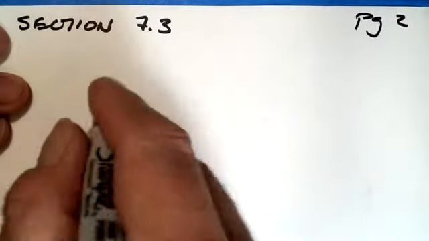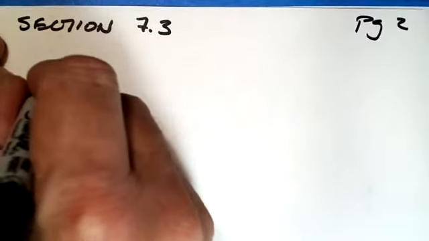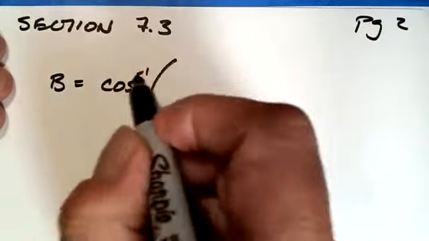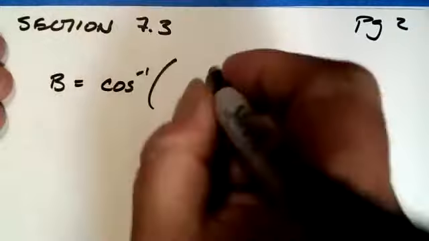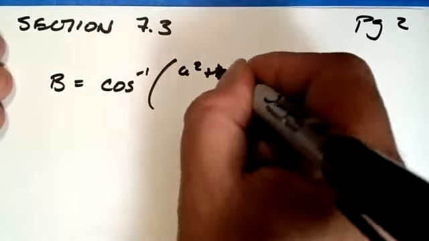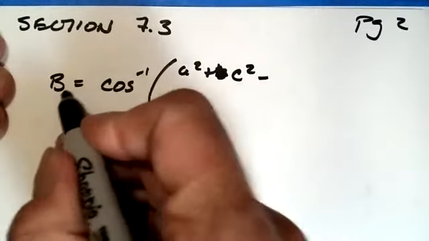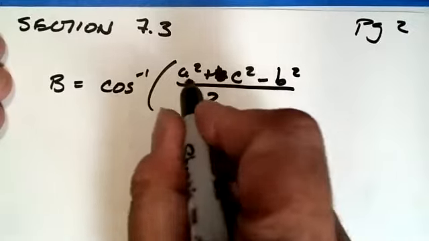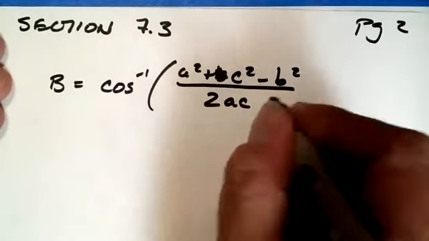So to finish it out for the other two versions, angle B is equal to the inverse cosine of, and it's the other two sides, so a squared plus c squared minus the associated side squared, divided by 2 times the product of these two sides, so AC.